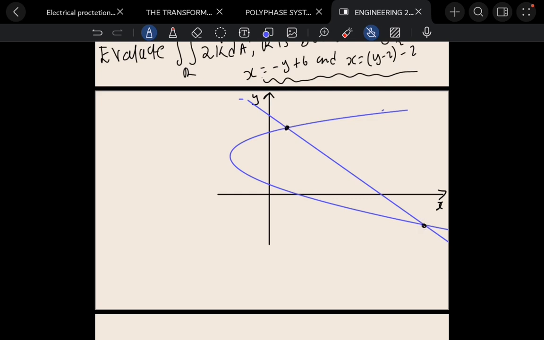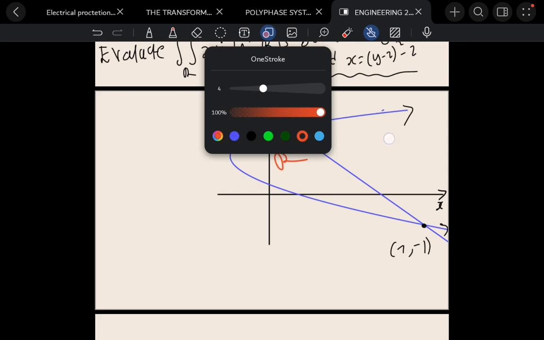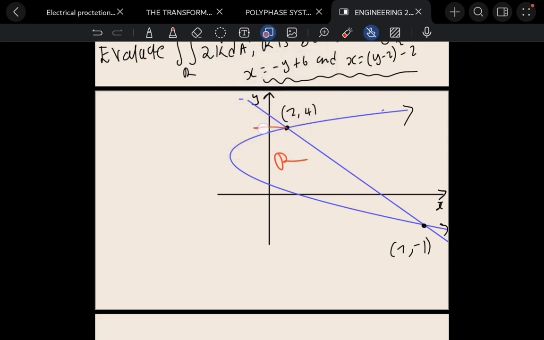Now, you are going to confirm the points of intersection. I got 2 and 4, and I got 7 and negative 1. Now this is the region that you're thinking about. Now, let us draw the lines. If you draw a horizontal line here, does it enter this region?